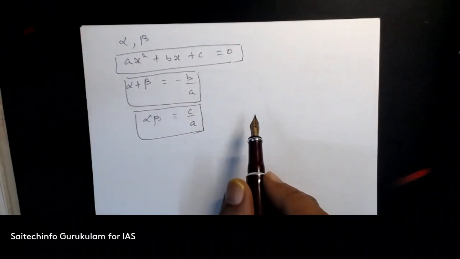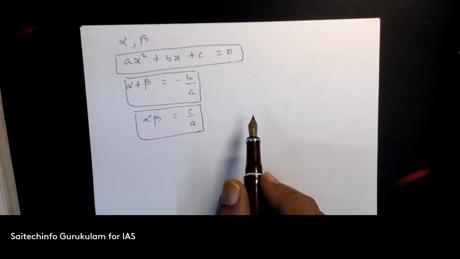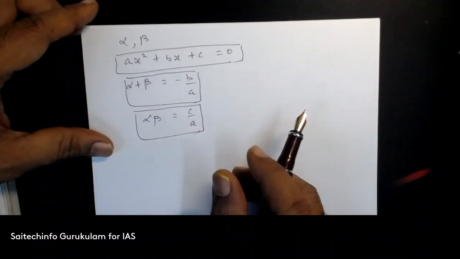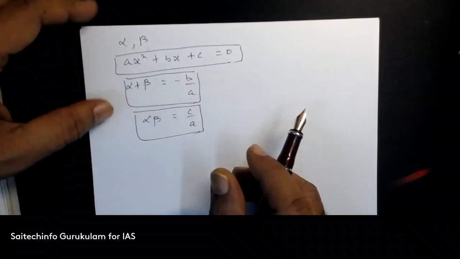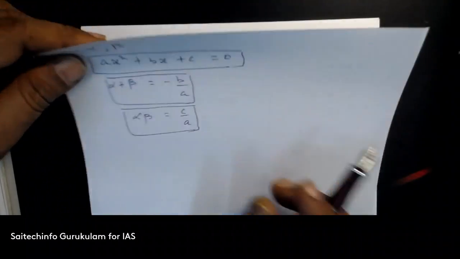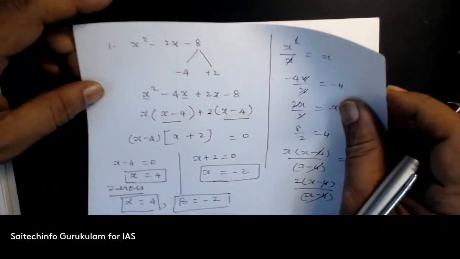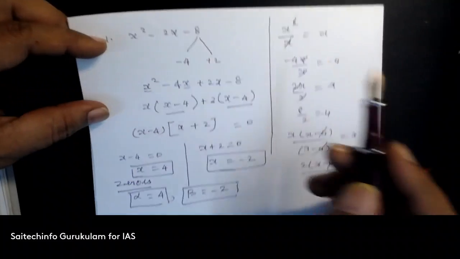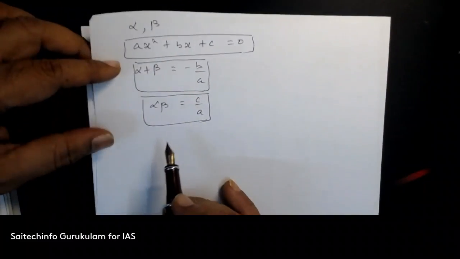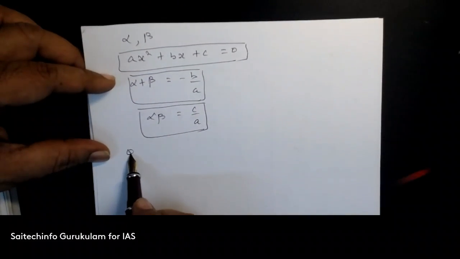Now in this sum we have to verify. So we have got these answers. What is the quadratic equation here? x squared minus 2x minus 8. You can write down. This is the quadratic polynomial.